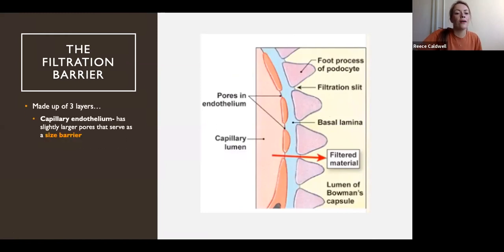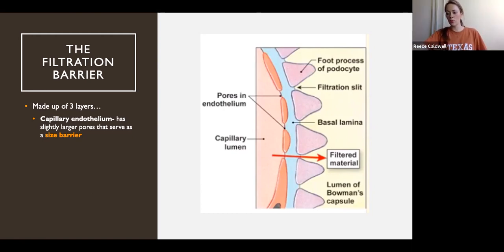So first we have the capillary endothelium. And what we see is that the capillary endothelium serves as a size barrier because it has large pores that will let certain molecules in and out.